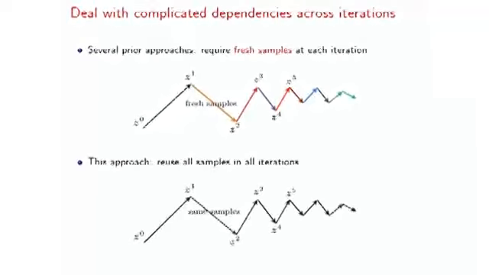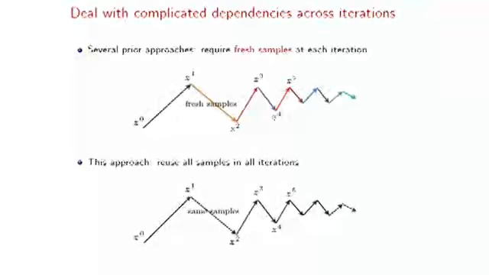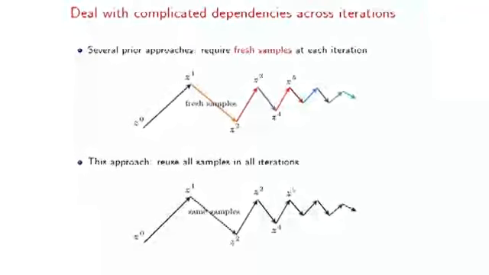But the approach that we use here does not require that. We can actually handle the type of iterations where all of the iterations reuse all the samples all the time. And in many situations, this might be the version that we actually want to run in practice.